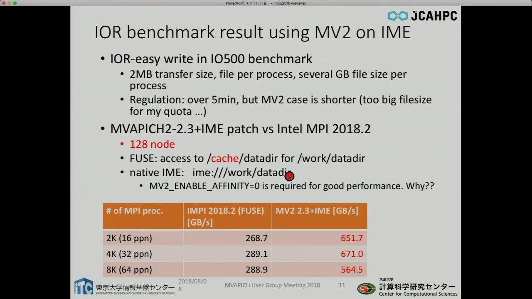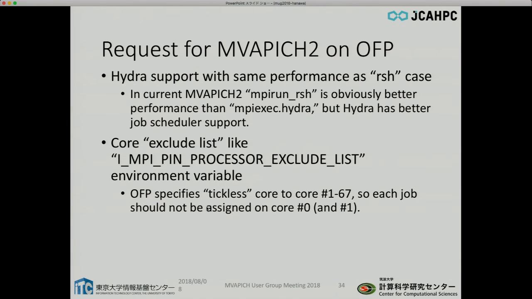And in this experiment, I have to specify the MV to enable affinity equals 0 to get good performance. I don't know why this is needed.